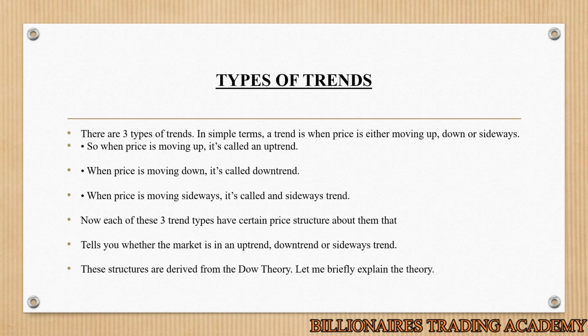So let's talk about the types of trends. There are three types of trends in simple terms. We have the uptrend, which is called the upward or rather bullish market. We have the downtrend, or bearish trend.